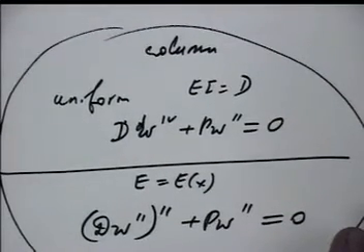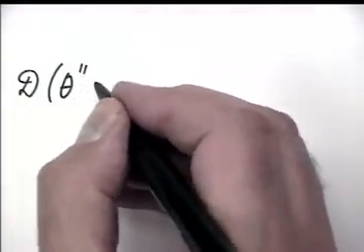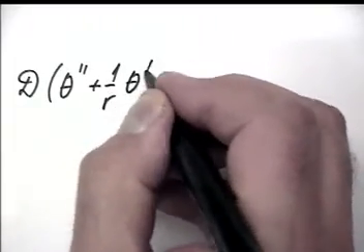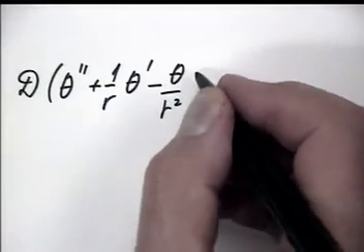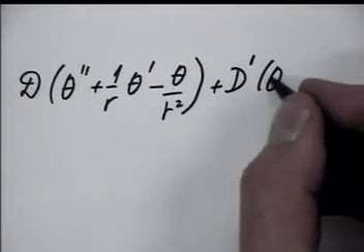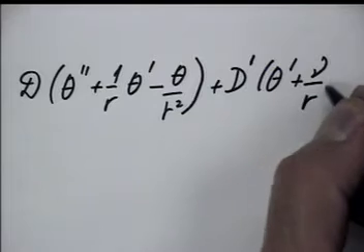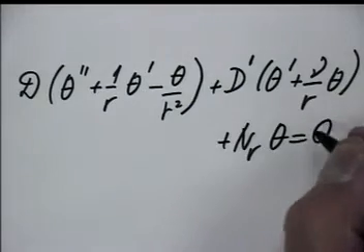So the differential equation is this: D times theta double prime plus 1 over r theta prime minus theta over r squared, plus D prime times theta prime plus nu over r theta, plus N r theta equals 0.